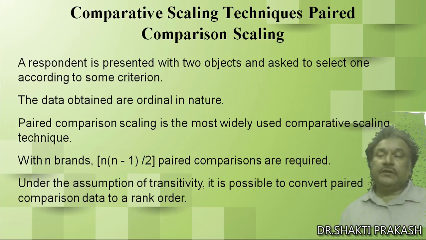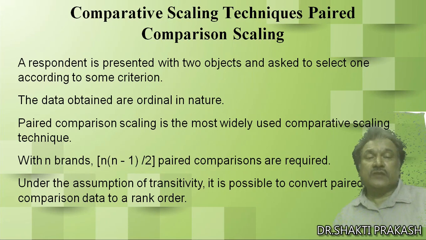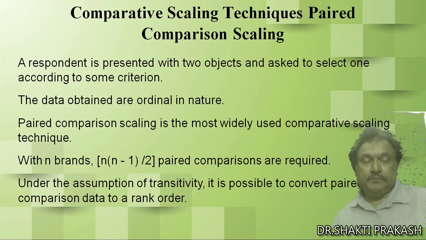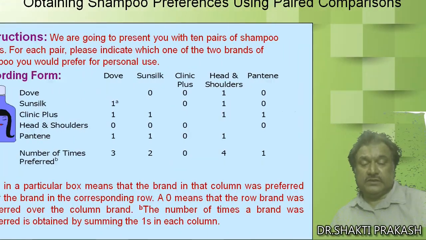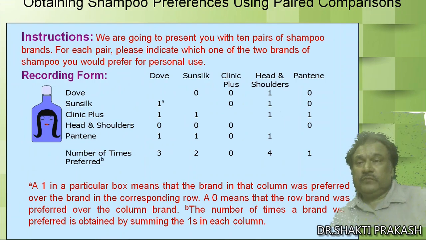So here a respondent is presented with two objects and asked to select one according to some criteria. You select one product pair by pair. Here is one example to help you understand: obtaining shampoo preferences using paired comparison.